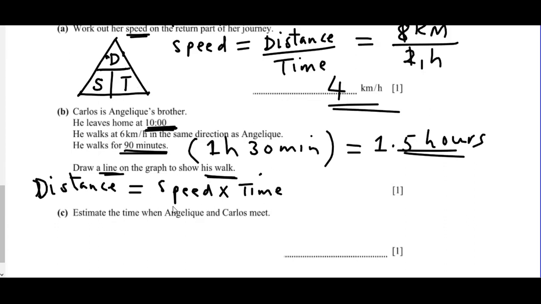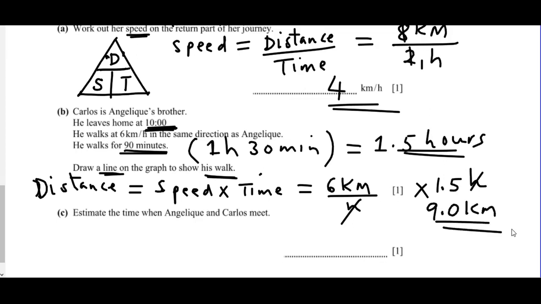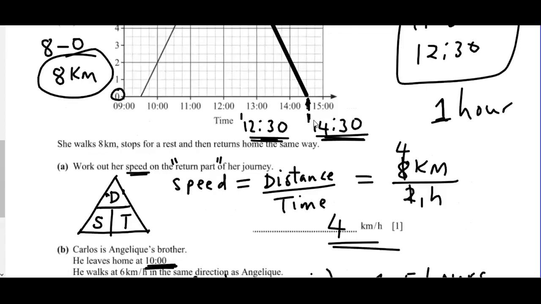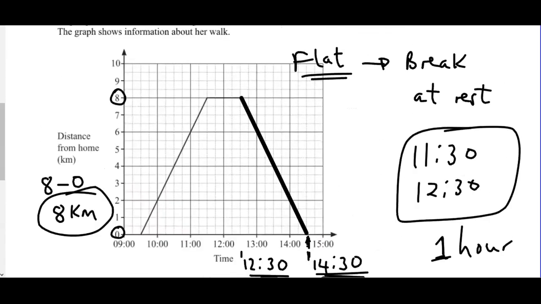The speed is 6 kilometers per hour, and then I multiply by time, 1.5 hours. This hour and this hour cancel, and you remain with 6 kilometers multiplied by 1.5. Now 6 times 1.5 gives you 9.0 kilometers. That means Angelique's brother has walked a distance of 9 kilometers.